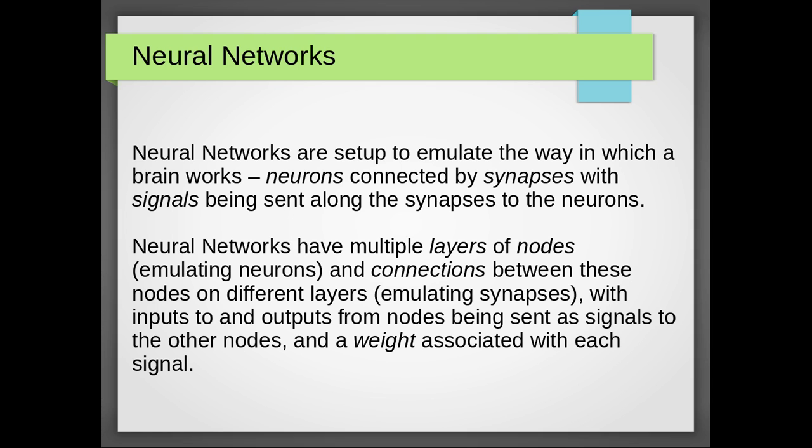Now, neural networks have multiple layers of nodes which emulate the neurons, and connections between these nodes on different layers which emulate the synapses, with inputs to and outputs from each of the nodes being sent as signals to the other node. And each connection has a weight associated with it.